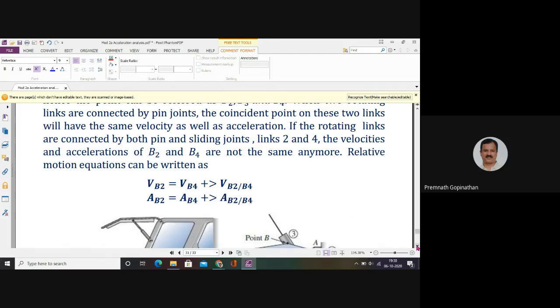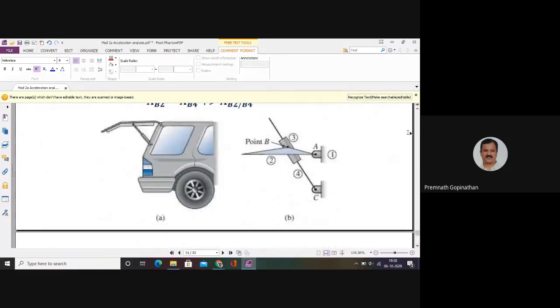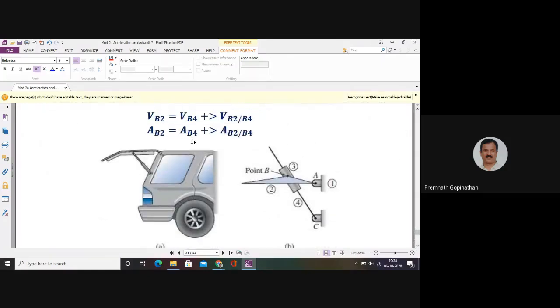So here, for our consideration, we are taking only this particular relative component, because this acceleration is an absolute acceleration and this one is also an absolute acceleration. This can be called the acceleration of B with respect to the fixed point of rotation of link 4. The fixed point of rotation of link 4 is point C. So AB4 can be considered as taken with respect to point C. That means we're considering the point B lying on link 4.